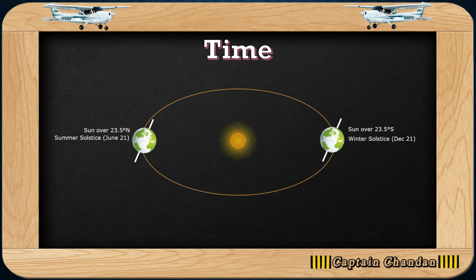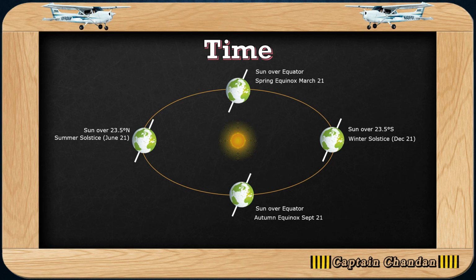When the sun is over 23.5 degrees north, that is called summer solstice, and it occurs on June 21. When over the equator, it is called spring equinox, occurring on March 21.